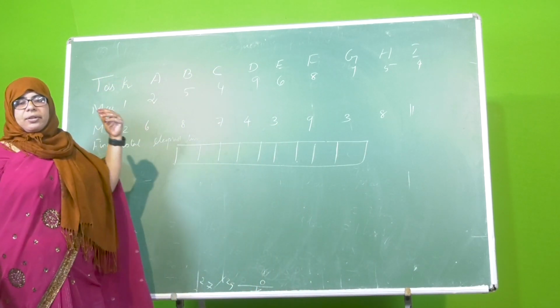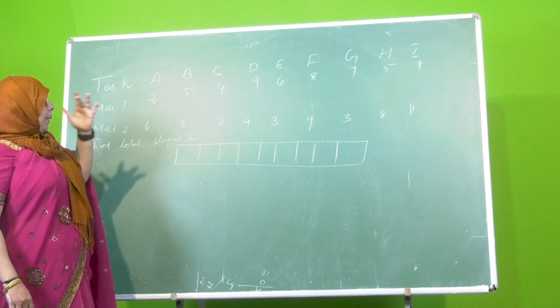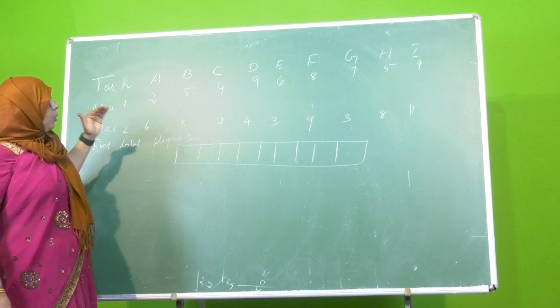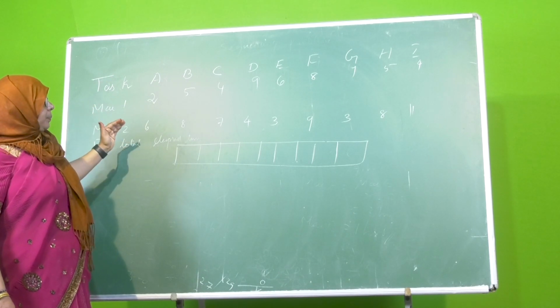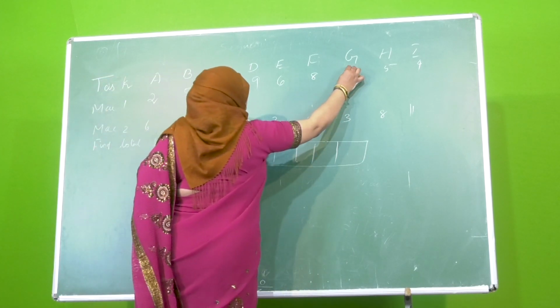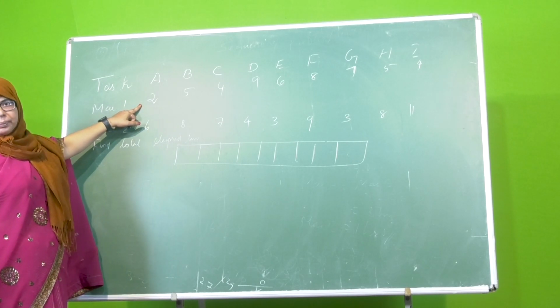So what I told in the previous problem, compare both the machines 1 and 2. We have to find the least number. Which one is the least number? 2 is the least number.